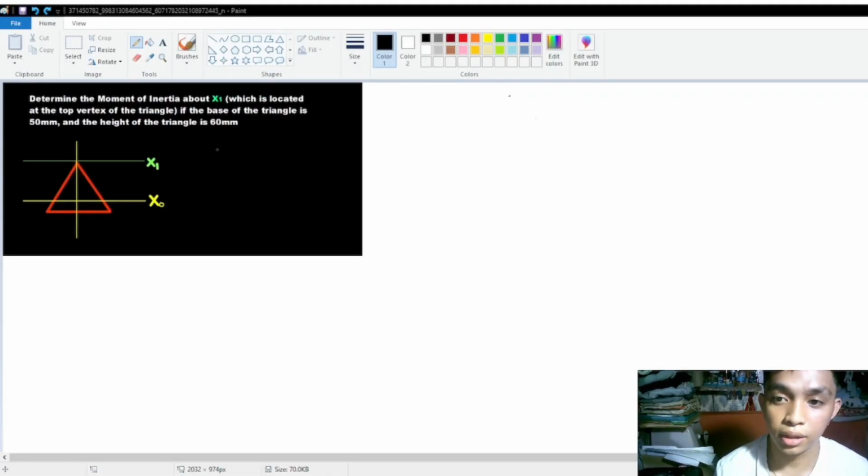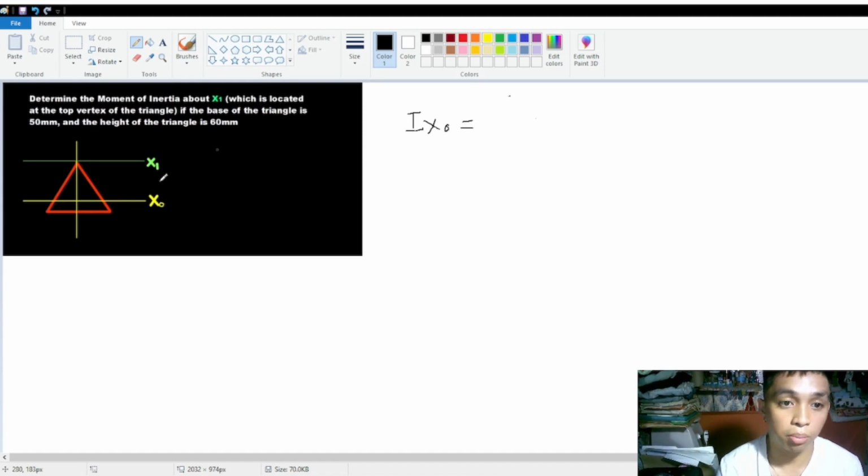I have a sample problem here. Determine the moment of inertia about x1, which is located at the top vertex of the triangle, if the base of the triangle is 50 millimeters and the height is 60 millimeters. The first thing we need to do is calculate the moment of inertia about the centroidal axis, the x sub o.